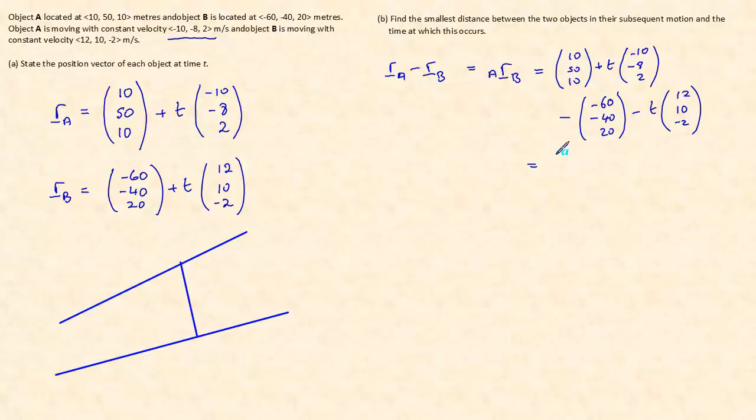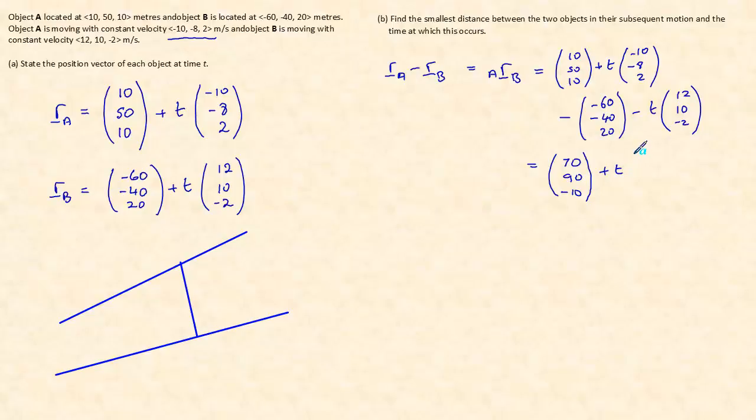So 10 take away negative 60 is going to be 70. 50 take away negative 40 is going to be 90. And 10 take away 20 is negative 10. So that's the relative position at the start.